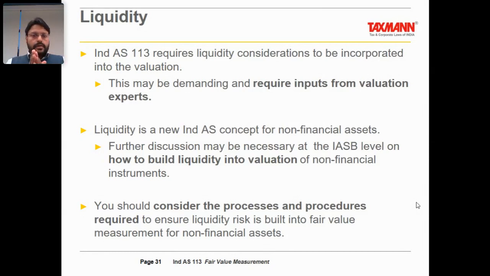So the answer is, if the quantity to be offloaded in the market is higher than the absorption power of the market, and because of that the price is, say, nose diving, then do I need to consider the price before it falls, or do I need to give an adjustment for this fall because of the heavy quantity I am offloading in the market?